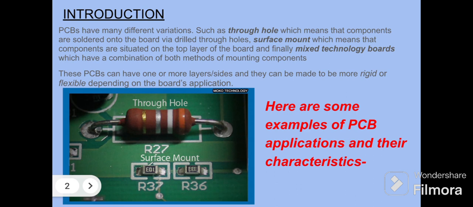Now, the introduction. Circuit boards have many different variations, such as through-hole, surface mount, and mixed technology, which means a mix of both. Through-hole means that the components are slid through holes on the board and soldered on the other side, while a surface mount board will have components being soldered directly onto the surface of the board.